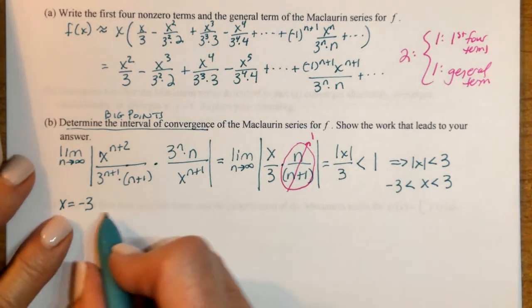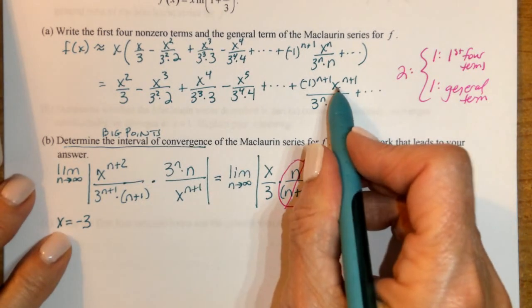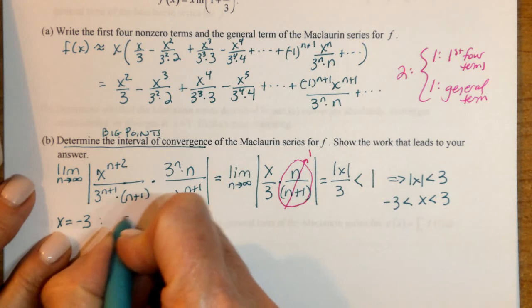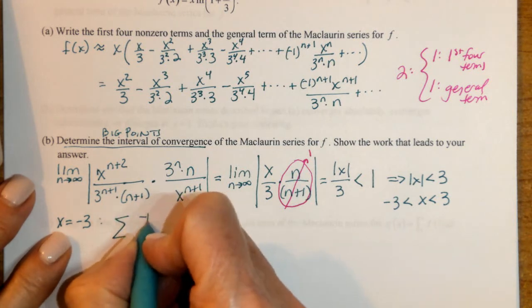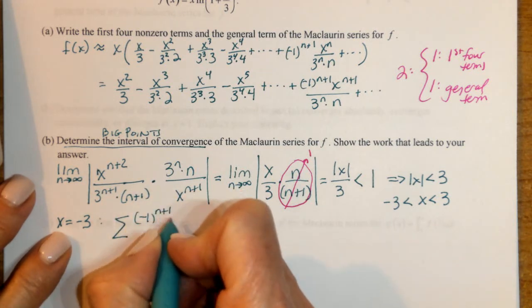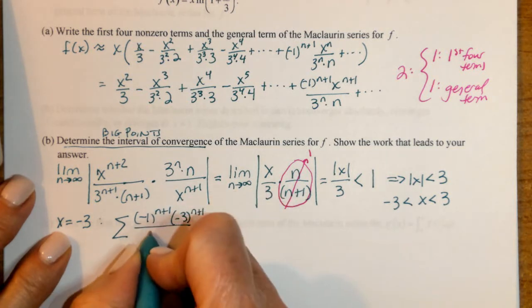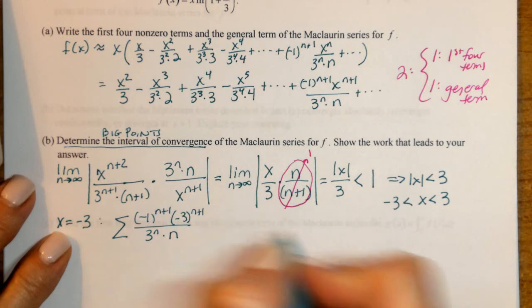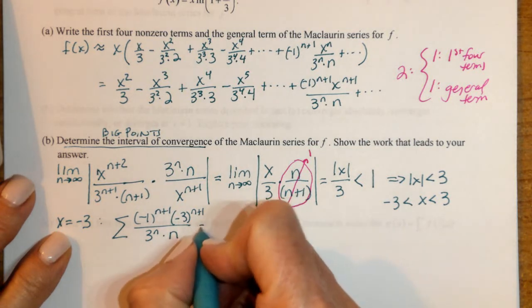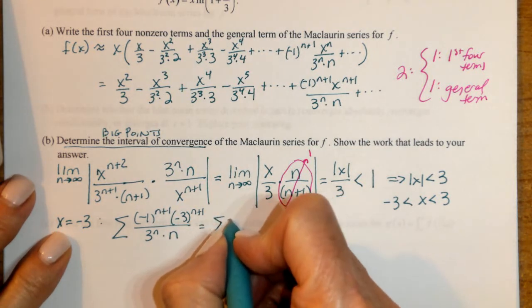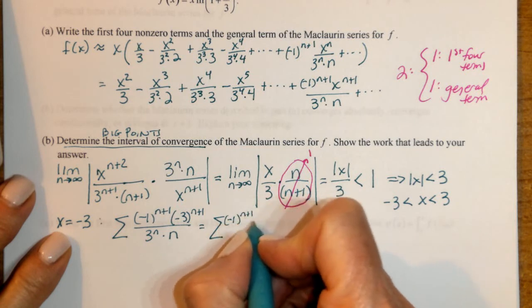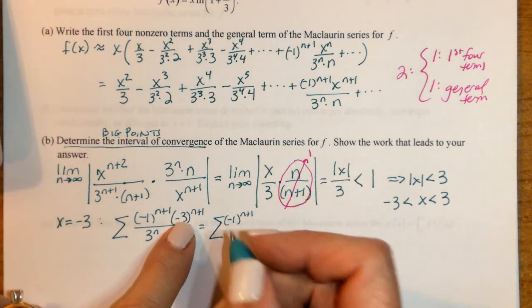If I put 3 in for x, I will have the sum of negative 1 to the n plus 1, negative 3 to the n plus 1, over 3 to the n times n, which is negative 1 to the n plus 1. I'm breaking apart this negative 3 to the n plus 1.